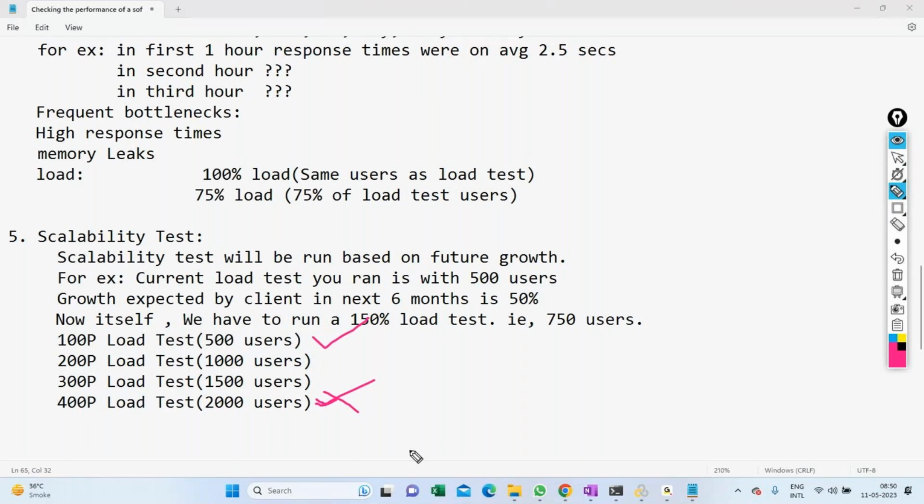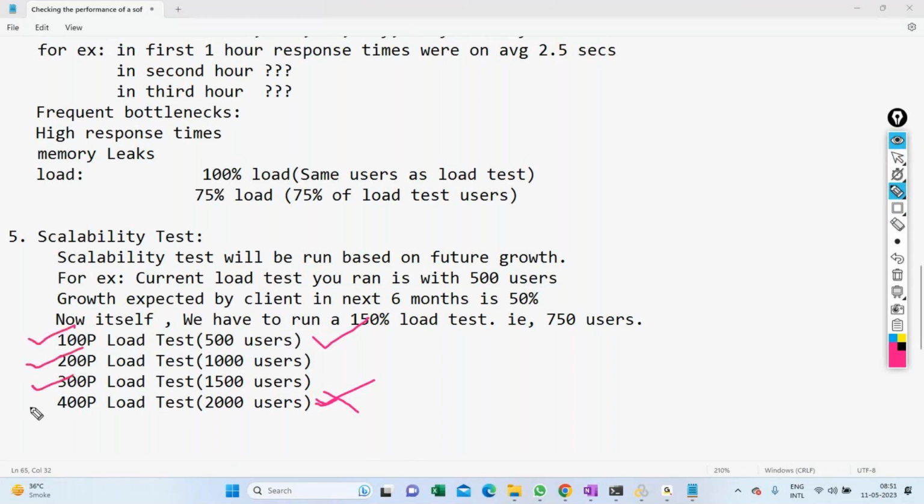Your client is saying the number of users can go up to 400%, but if 400% fails, you should be able to tell the client, hey, our application is not able to withstand 400% load. However, it can support up to 300. Can you give a guarantee of that? No. That's the reason you have to go in a gradual manner.